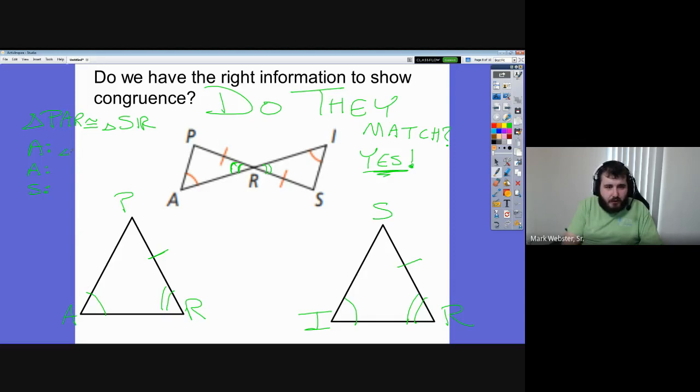Angle A, and that's congruent to angle I. What's our second angle? Angle R, which is congruent to angle R. And lastly, what's our side pair? Side PR is going to be congruent to side SR. And that's how you do it.